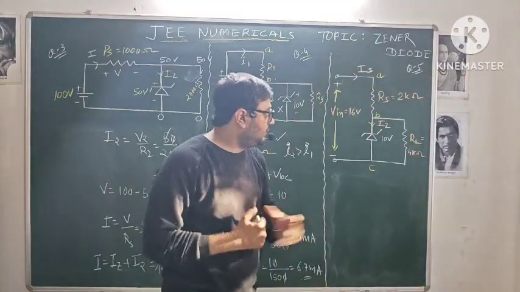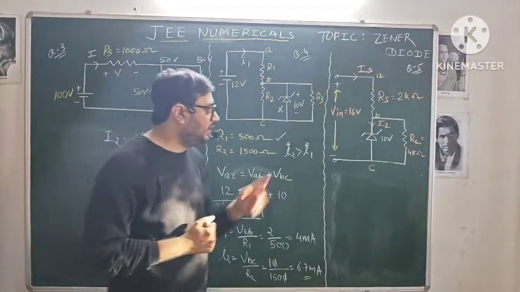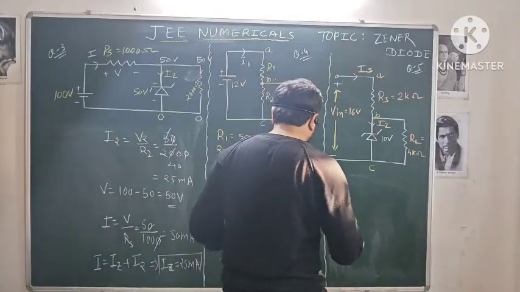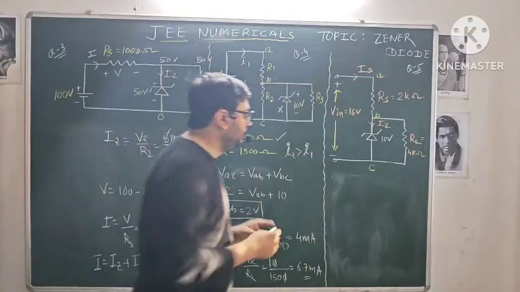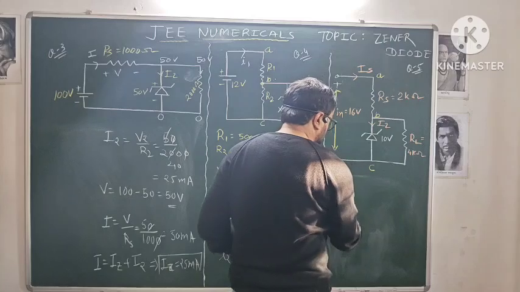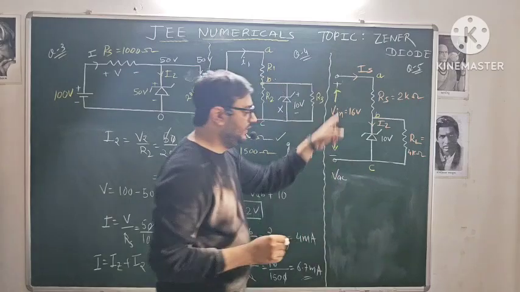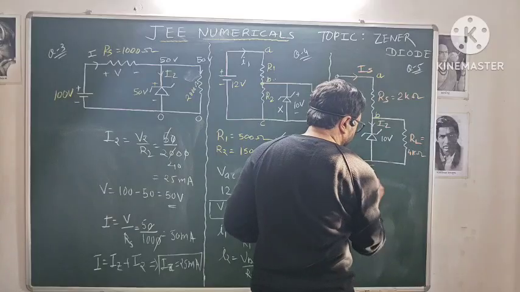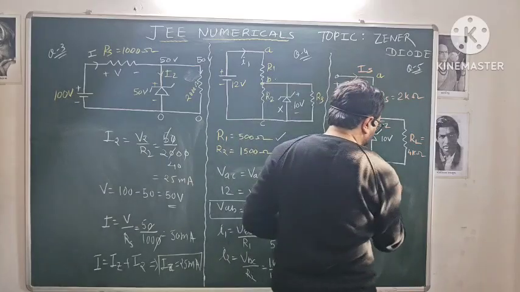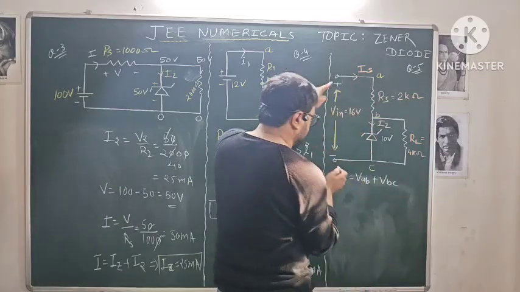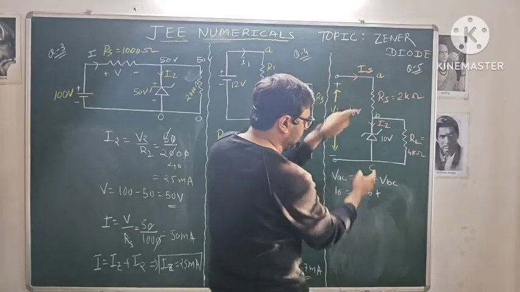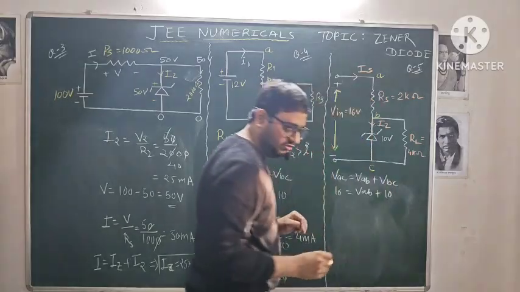Now the last sum, we need to find out the current which is passing through the Zener diode, that is IZ. Similar method we can apply here. First of all, we need to find out the total potential, that is VAC, that you already know, that is 16 volt. Then VAB, then VBC. So VAC is 16 volt, VAB we need to find out, and VBC is 10 volt, the Zener diode potential.